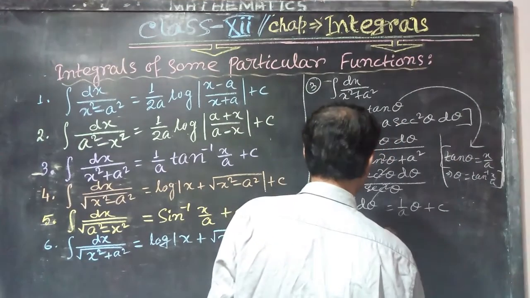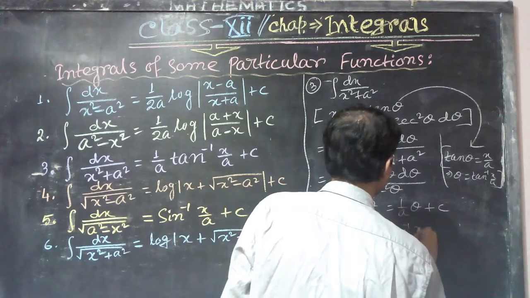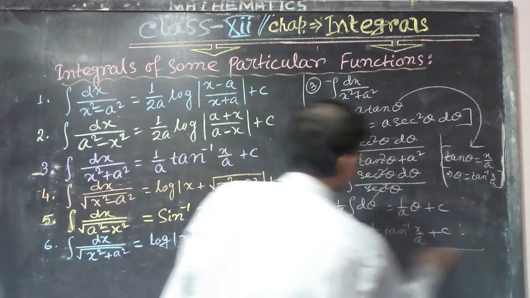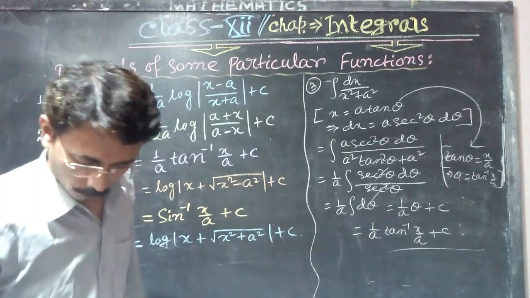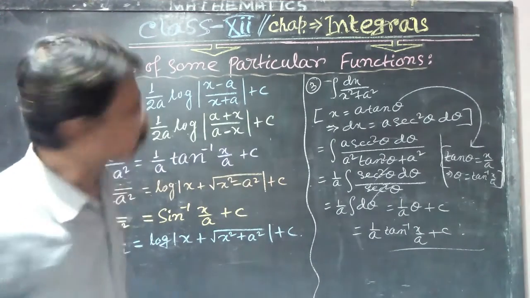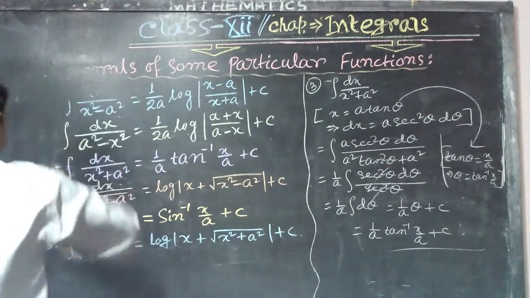So 1 by a, in place of theta we put tan inverse x by a plus c. c equal to integration constant. In this way, all theorems we prove. So now erase this.